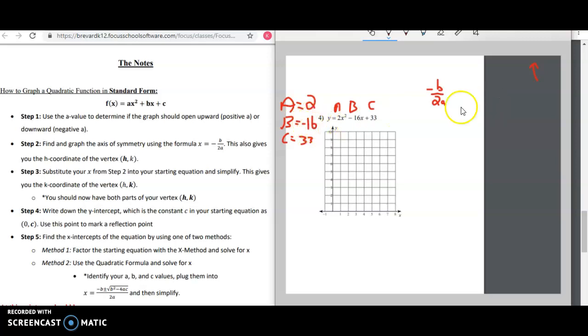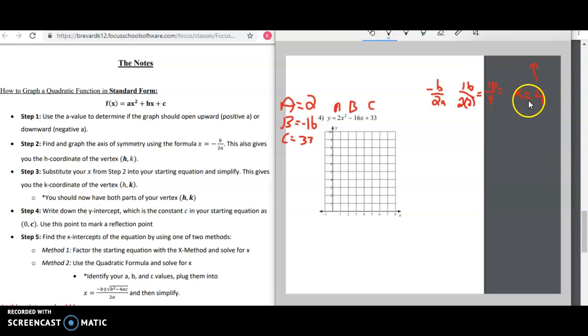The opposite of a negative 16 is a positive 16 over 2 times a. My a is 2, so it's 2 times 2. You have to do the multiplication first on the bottom. 2 times 2 is 4. 16 divided by 4 is 4. So I get x equals 4.